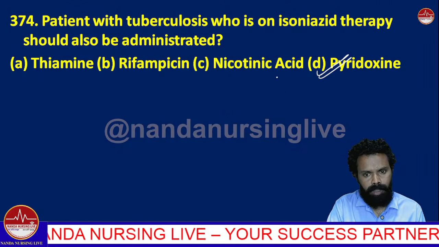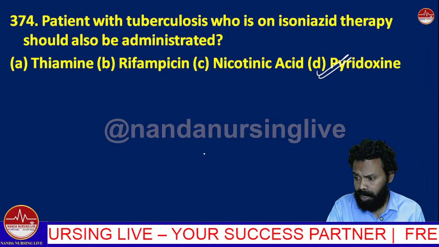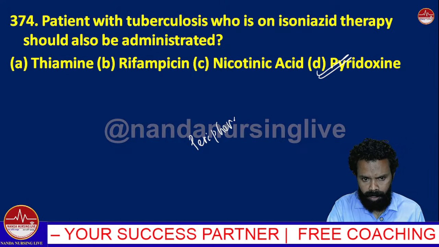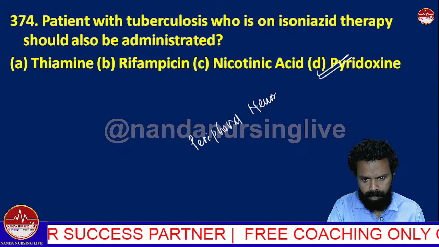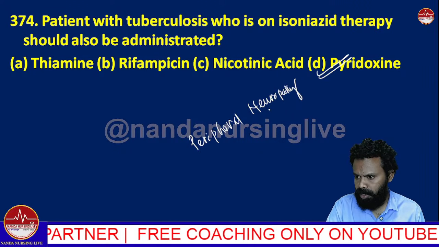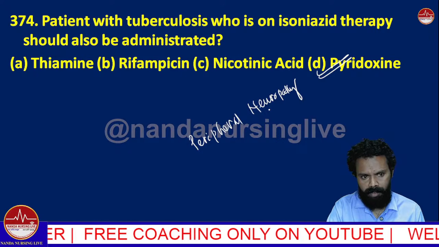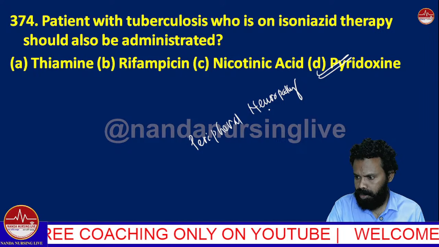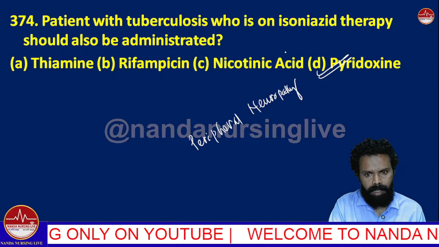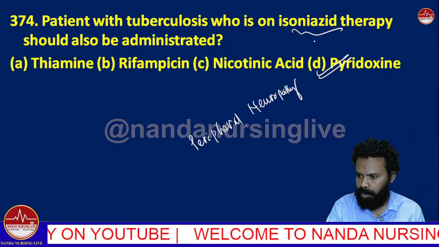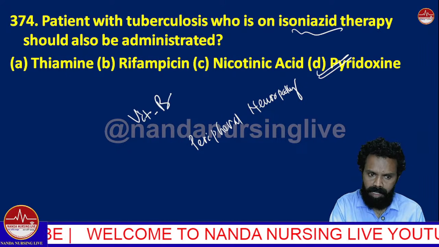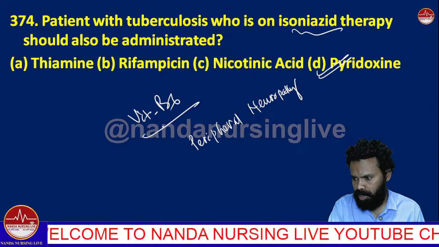Anti-tubercular drugs can cause peripheral neuropathy. This is a side effect of anti-tubercular drugs, right? So with isoniazid we give vitamin B6, that is pyridoxine.